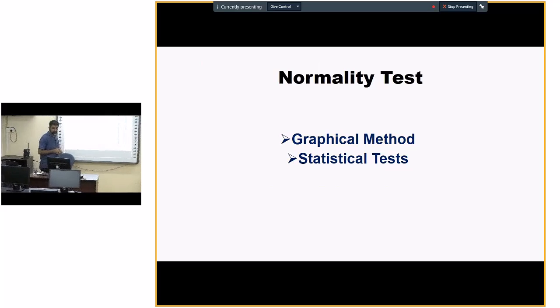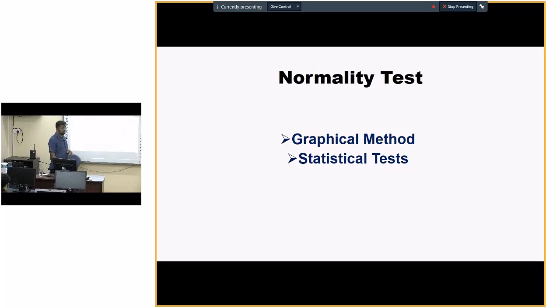You can measure normality through a graphical approach, as I told earlier, such as a histogram. In addition, we can use statistical tests, like the Shapiro test.